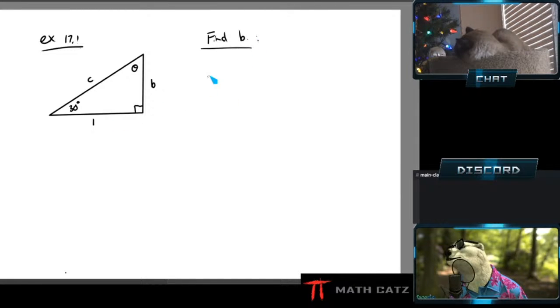I can do that by saying, well, the tan of the angle that's given is going to be opposite over adjacent. I'm not using C yet, so B over 1. And that then tells me that B is, well, I multiply both sides by this denominator, which just happens to be a 1, so it doesn't affect things. But in other cases, it might.